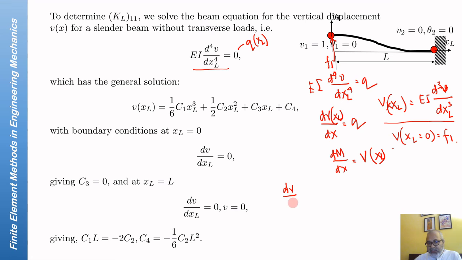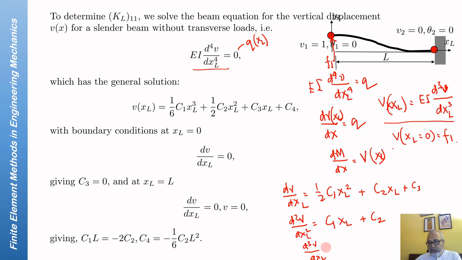We have dv/dxL, which was half C1 xL square plus C2 xL plus C3. We have d2v/dxL2, which is C1 xL plus C2, and then d3v/dxL3 is equal to C1.